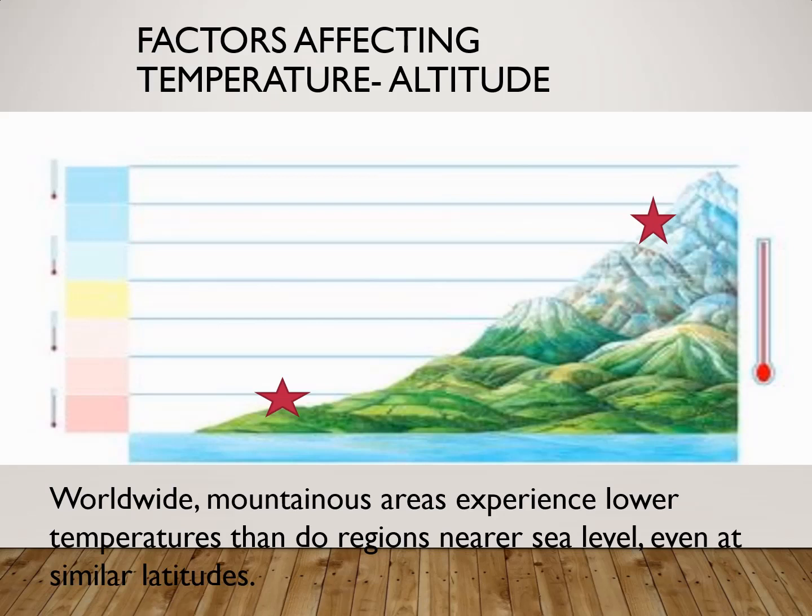So places which are at sea level are warmer during the day and not very cold during the night, whereas places at higher altitudes are cooler in the daytime while they are very cold at night, because the air is thinner and it does not absorb as much heat.